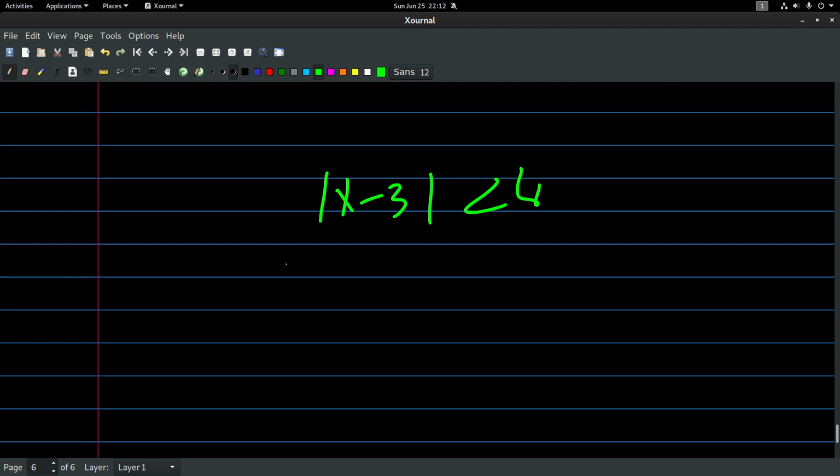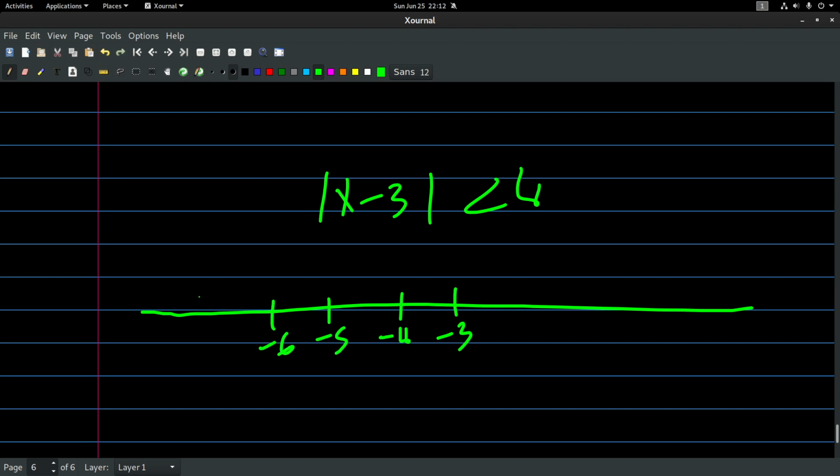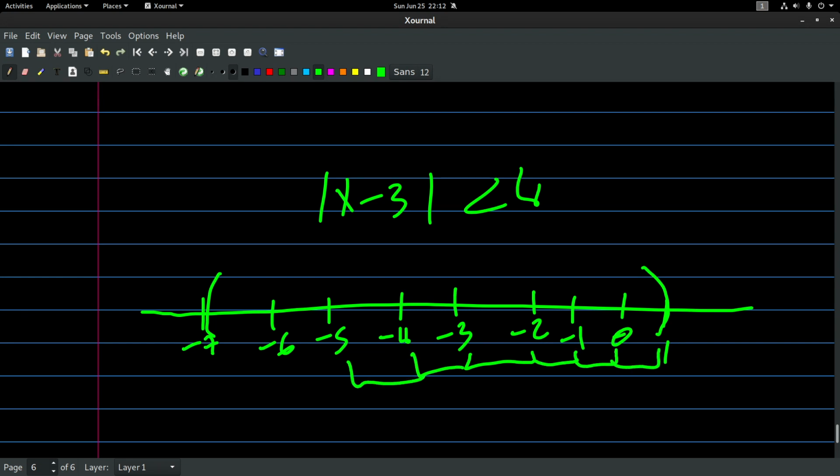So let's draw on the number line. Negative 7, negative 6, negative 5, negative 4, negative 3, negative 2, negative 1, 0, 1, 2, 3, 4.